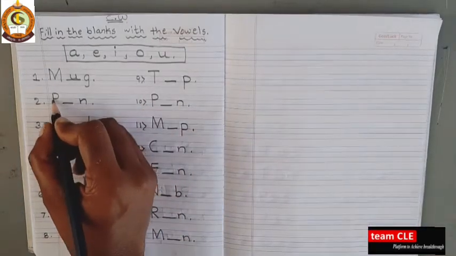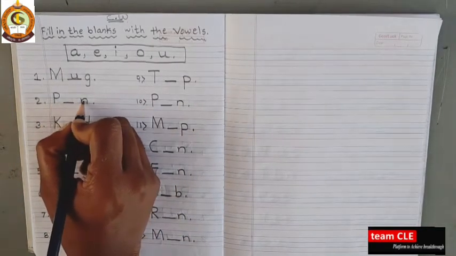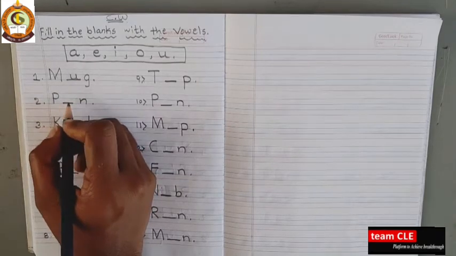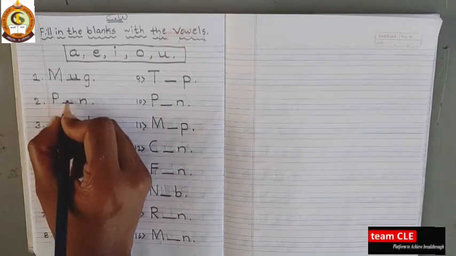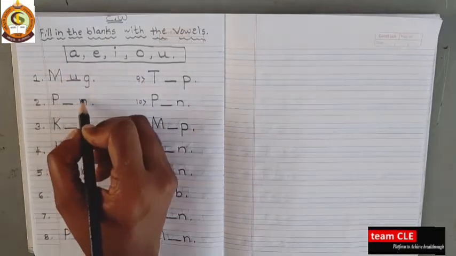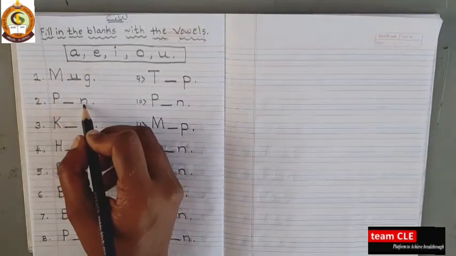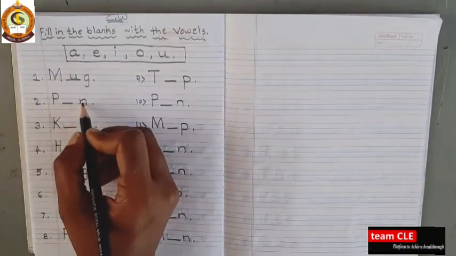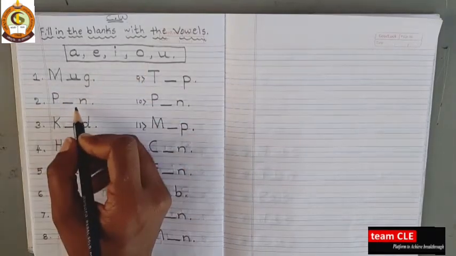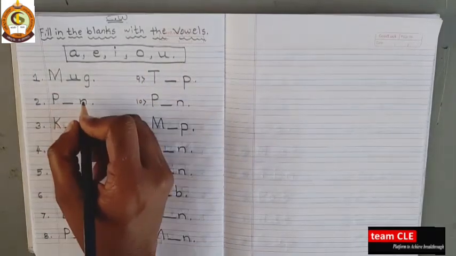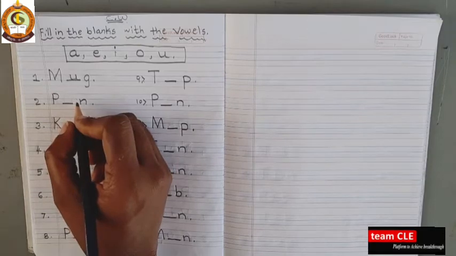Okay, next, P dash N. Which letter will come here? A vowel. P-A-N, pan. P-E-N, pen. P-I-N, pin. P-O-N, P-U-N. Which is the correct answer?